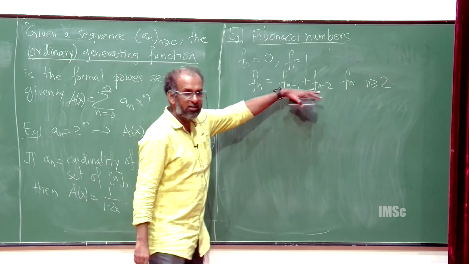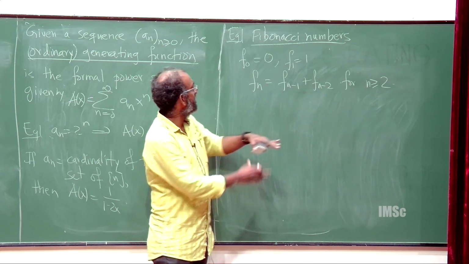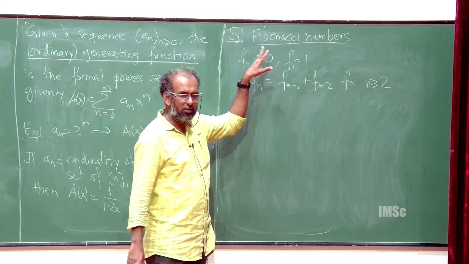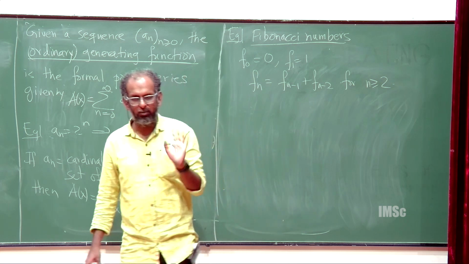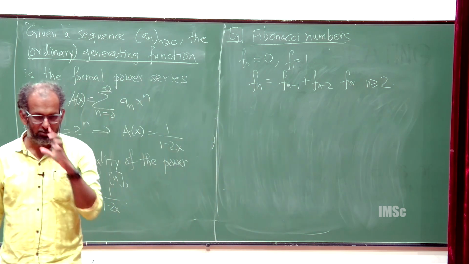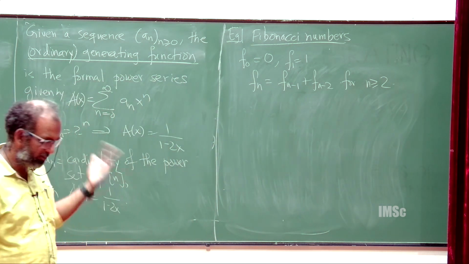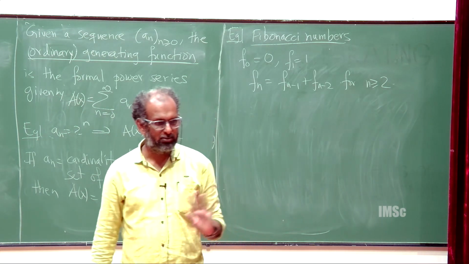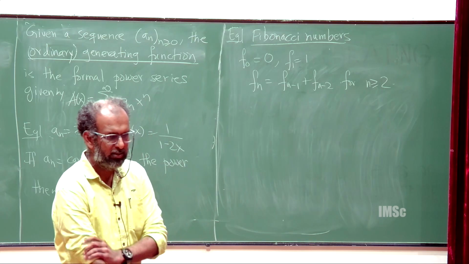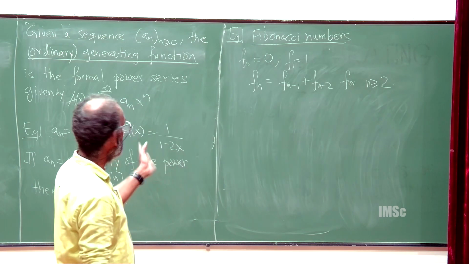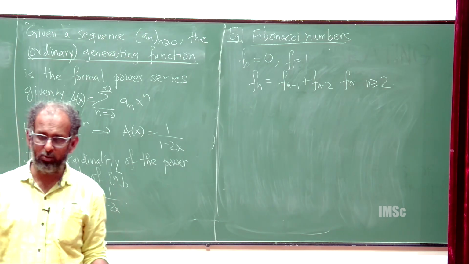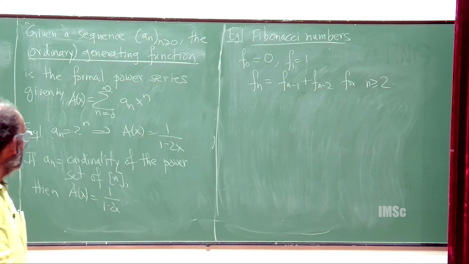This is the standard recurrence for the Fibonacci numbers. Some people will start with 1 and 2, but this is almost the canonical choice for various reasons. So f_2 is also 1, and then f_3 is 2 and so on.